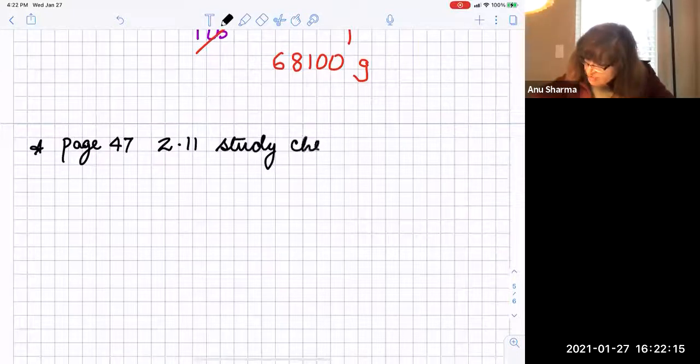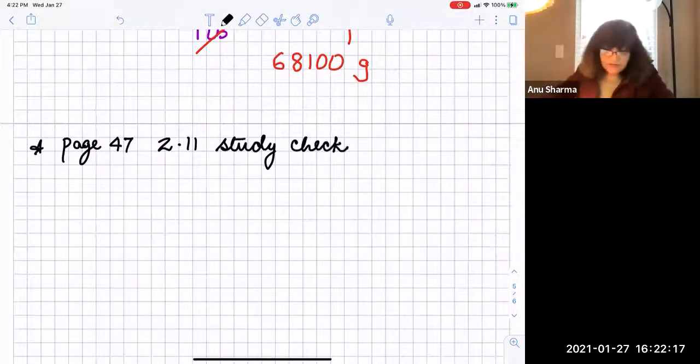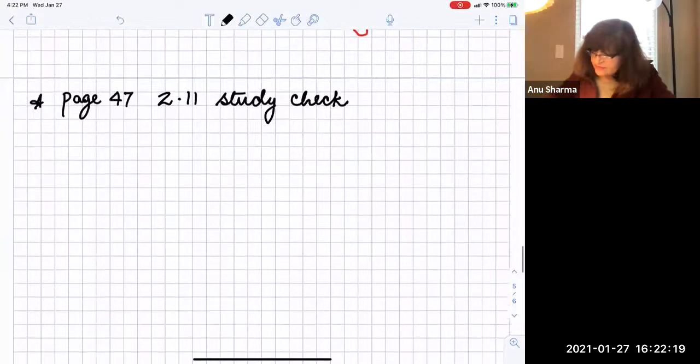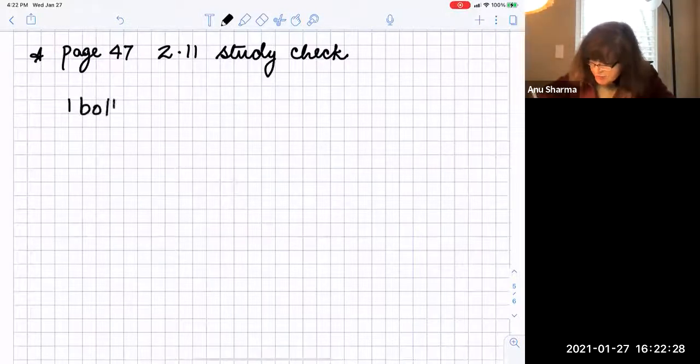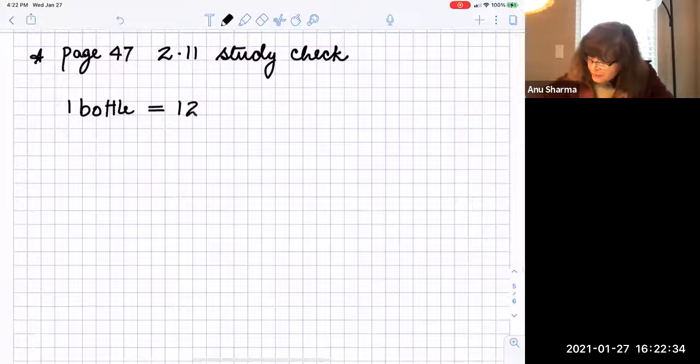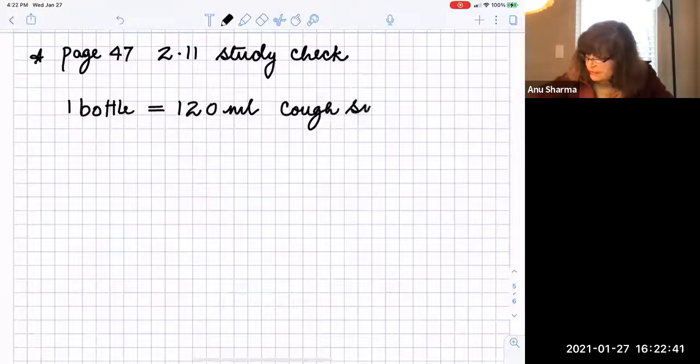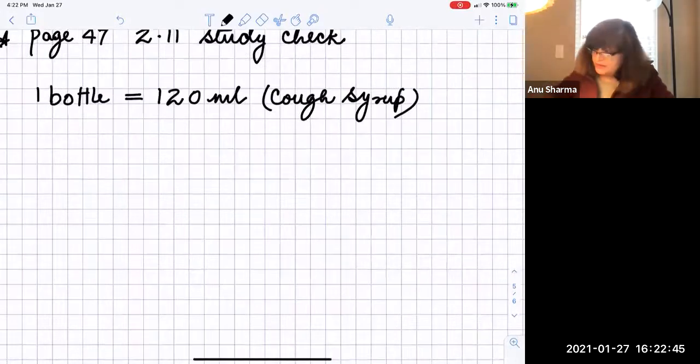I will do all the study check problems. So here a bottle contains 120 milliliters of cough syrup. So write down here, 1 bottle. A bottle means 1 bottle. Contains means equal to 120 milliliters of cough syrup.